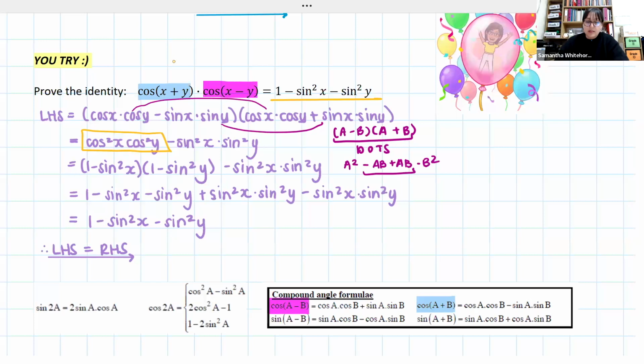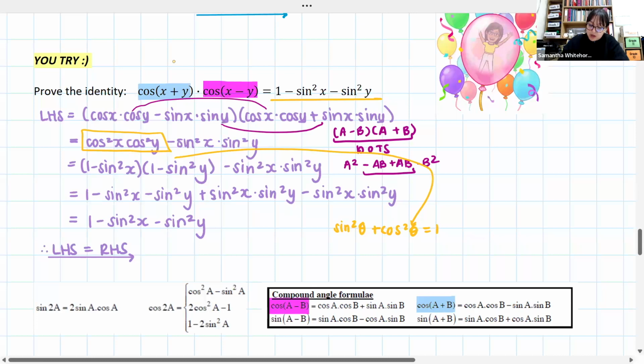So what that means is now you need to think about that in terms of your square identity. Remember, sin²θ + cos²θ = 1. If you manipulate that, you get cos²θ = 1 - sin²θ.